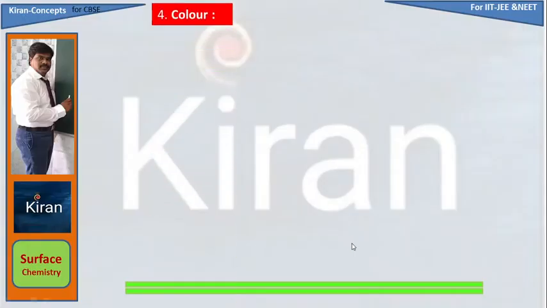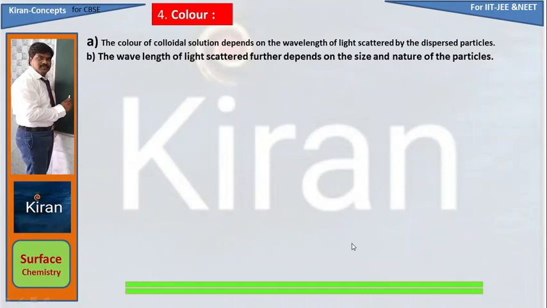Next property, color. The color of colloidal solutions depends upon the wavelength of light scattered by the dispersed particles. The wavelength of light scattered further depends upon the size and nature of the particles. The color depends on wavelength.